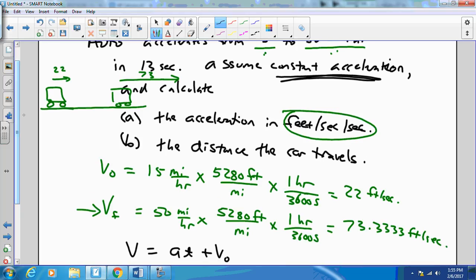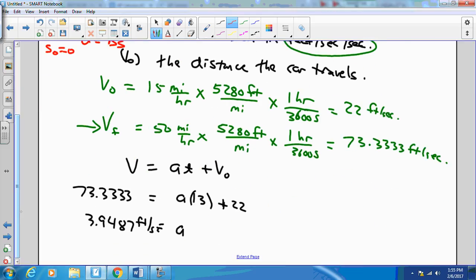Now, to find the distance that the car travels, I need to consider my situation again. The distance that we're talking about is this distance right here. And so to find it, I can think of that as a change in the position of the car. And I can arbitrarily assign the initial position to be 0. And if I assign the initial position to be 0, then the final position is the position that I'm looking for.